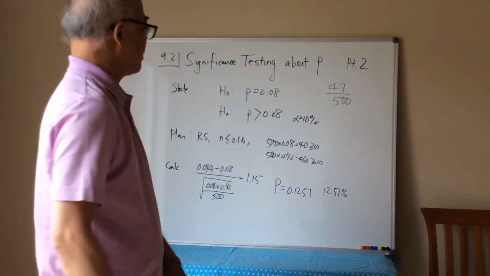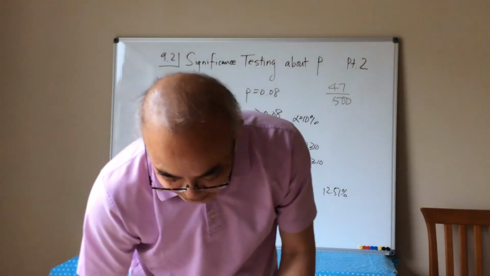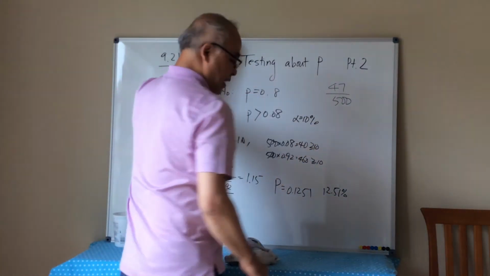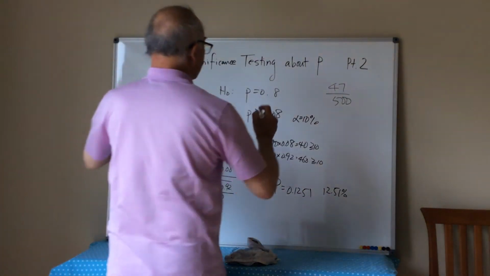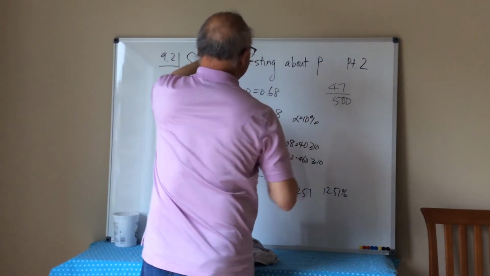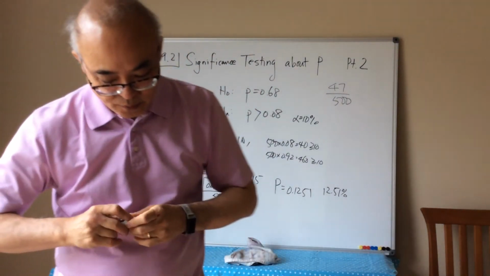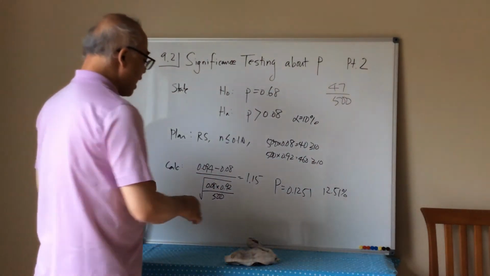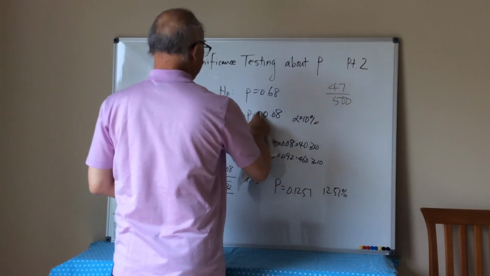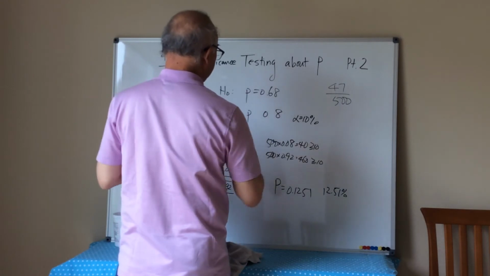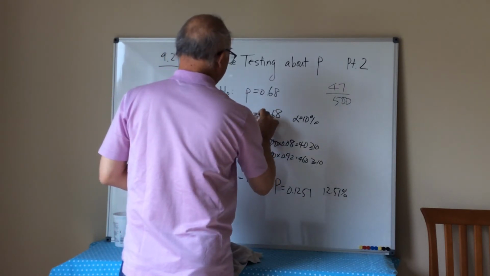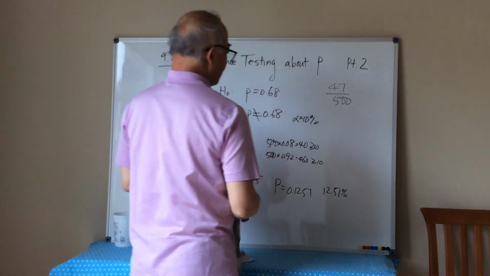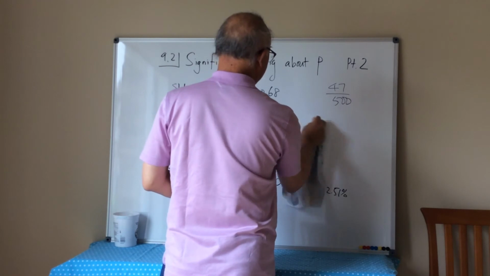So let's find out. Our p0 is going to be the 68%. She doesn't state whether they are looking for greater or less than, so the alternative hypothesis in this case is going to be not equal to, meaning it's a two-sided test.